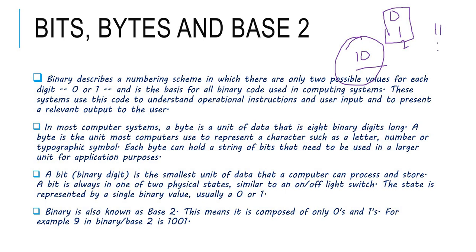So from 10 onwards, all the numbers are combinations of the numbers from 0 to 9. The value of each digit in a number increases by 10 times as you move from right to left through the number.